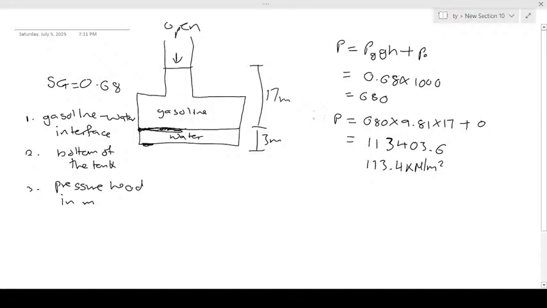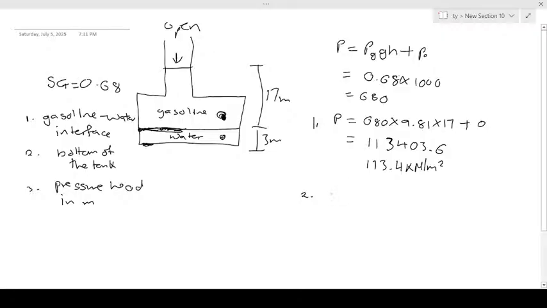Now we want to find the pressure at the bottom of the tank. At the bottom of the tank, you have the pressure from the gasoline as your external pressure, and then the pressure in the water.